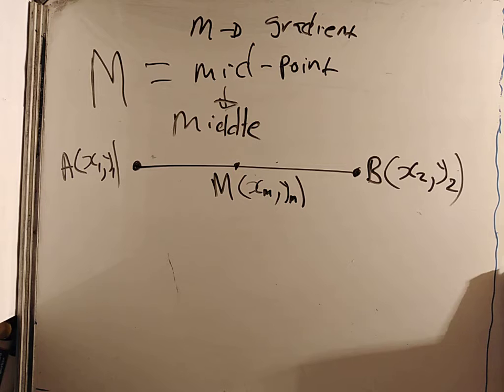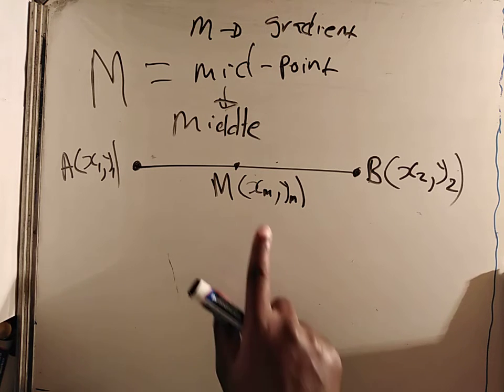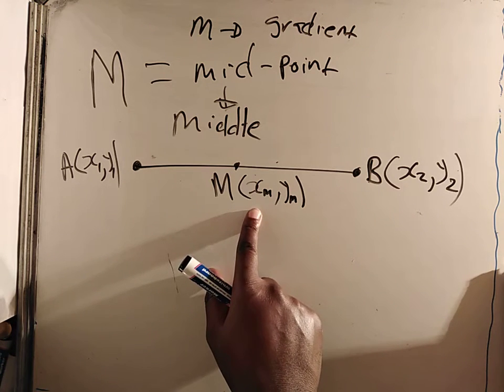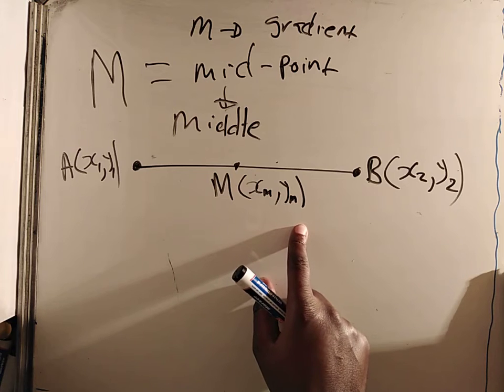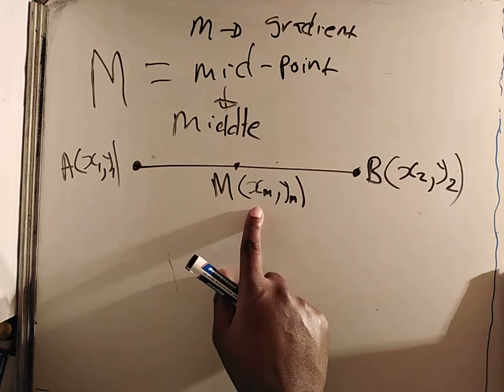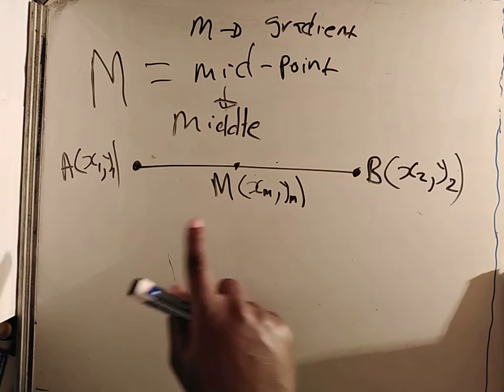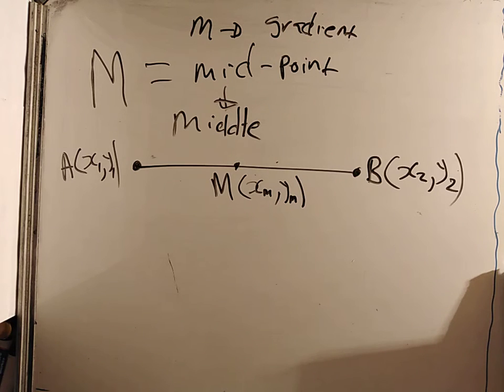That is why the questions always ask you to find the coordinates of the midpoint. In other words, where is it with respect to the x-axis and with respect to the y-axis? Where is this point, which is point M? You get that through the midpoint.